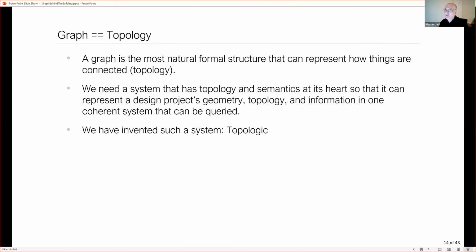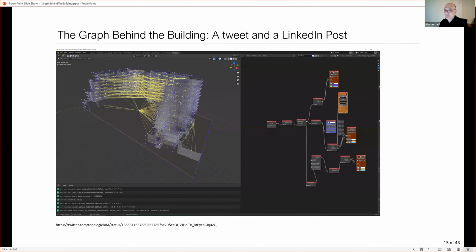So let me tell you a little bit about Topologic if you have not yet heard about it. This is a much more advanced stage of Topologic, where, as I said, I'm going to jump a little bit. This is the tweet and the LinkedIn post that I told you about.